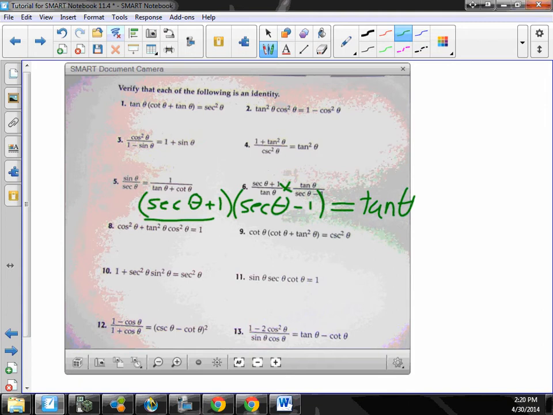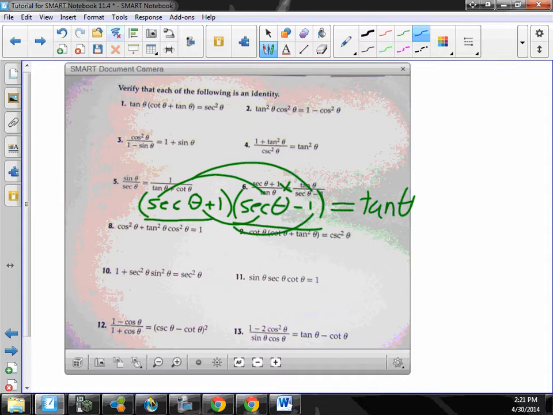What do you notice about those? What's the word? They're opposites, called conjugates. What do we know you get when you multiply conjugates? Difference of squares. So I'm supposed to multiply them out like that.